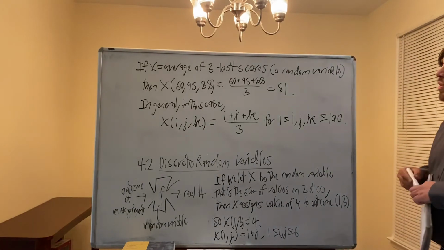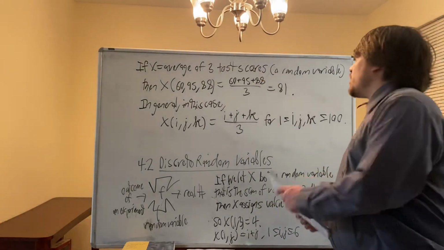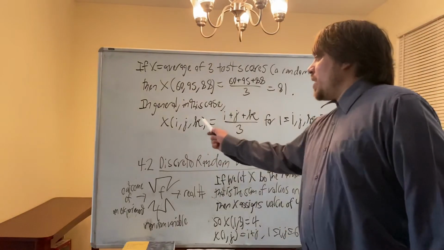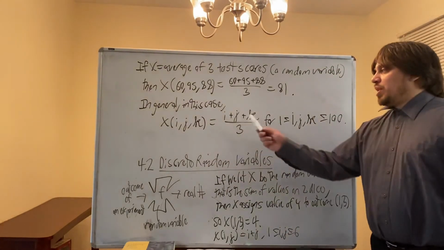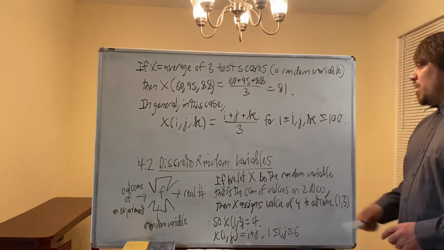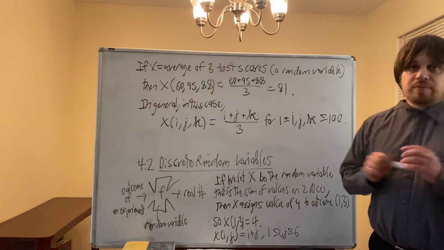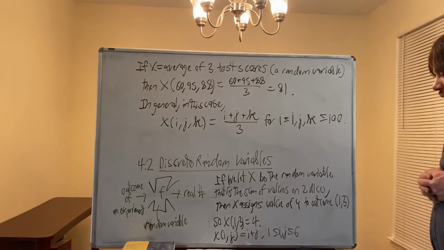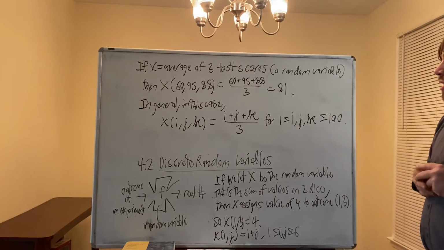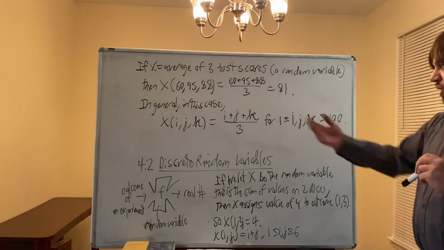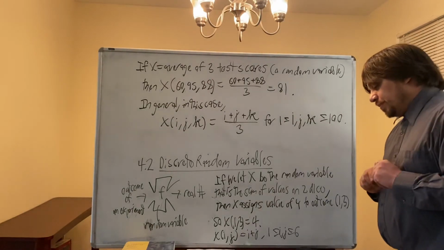Okay? So in general, if X is the average of 3 test scores, as a random variable, then X of i, j, k is the sum i plus j plus k divided by 3, where i, j, k range from 1 to 100 inclusive. Okay? And so that is the average of 3 test scores as a random variable.